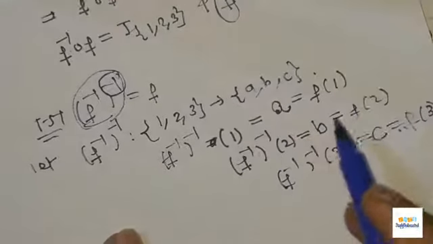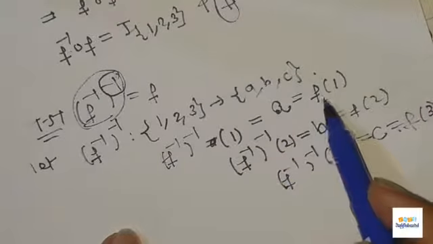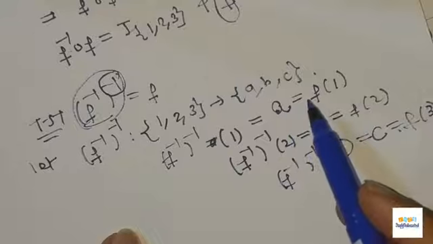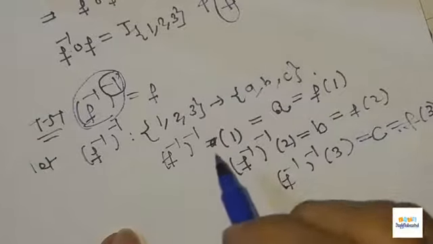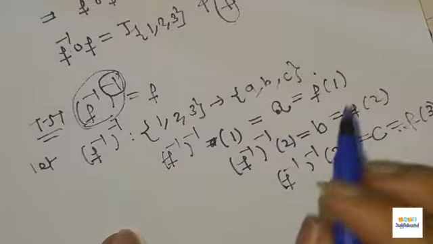So what have you got here? You have got that both the functions are equal at all the values of the domain of the function, and at the same values of the domain of both the functions, right?